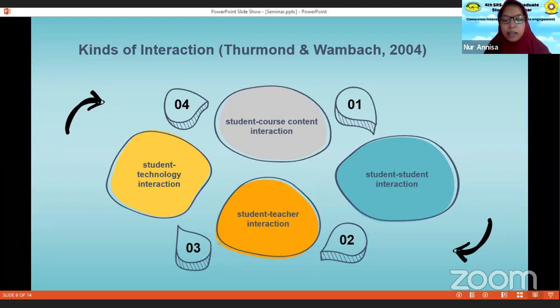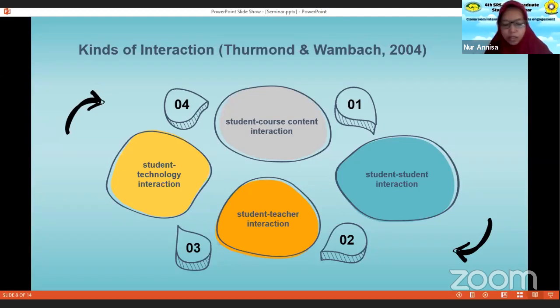And then the next is student-teacher interaction. It occurs when teachers and students communicate in classroom activities. And the last is student-technology interaction. Here, it is the interaction between the students and the technology they choose in the classroom.